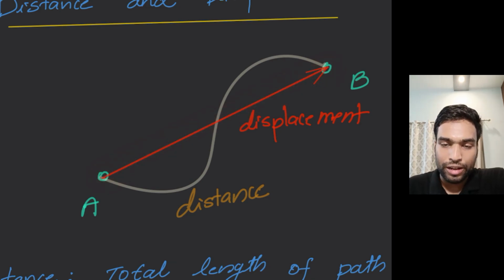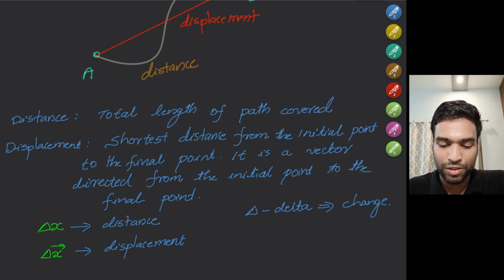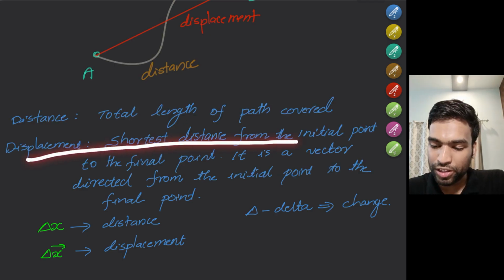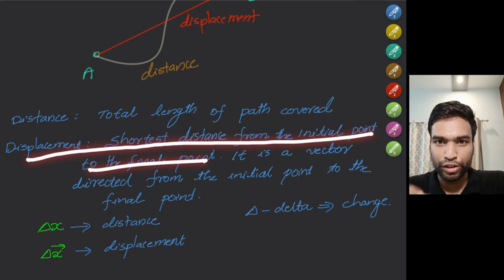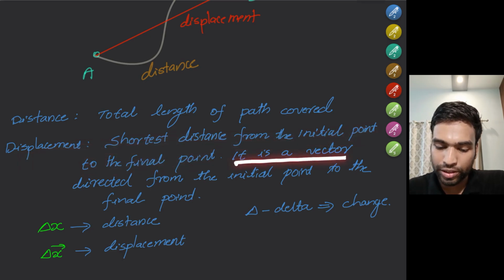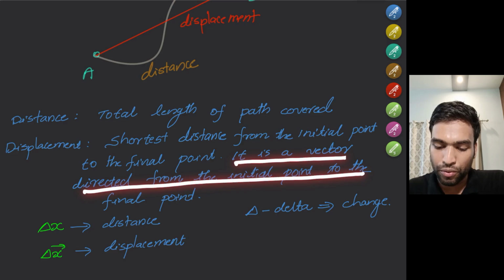Moreover, the main difference between distance and displacement is that displacement is a vector, distance is a scalar. That means distance doesn't have any direction, displacement has direction. In general, we can say displacement is the shortest distance from the initial point to the final point, or in other words, it is a vector directed from the initial point to the final point.